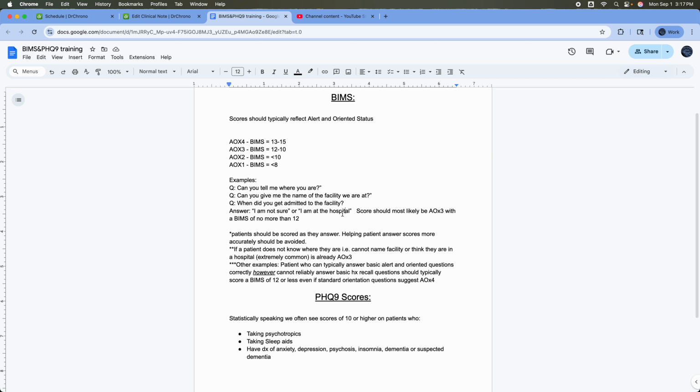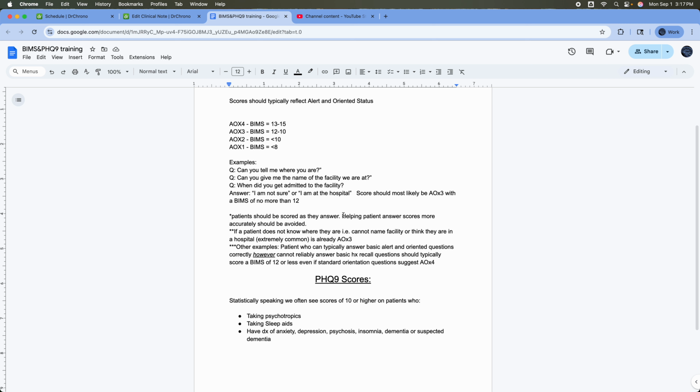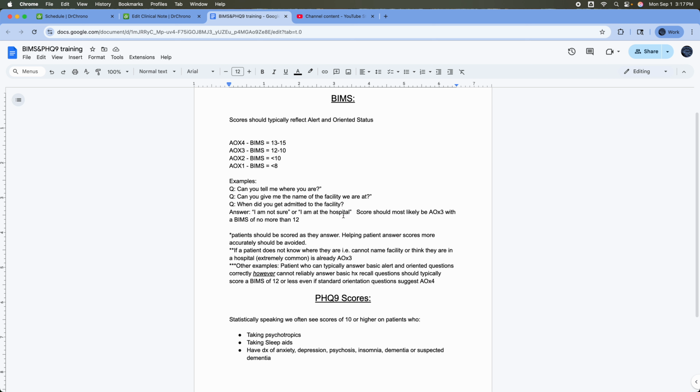So what we're seeing a lot of is a patient that really shouldn't be assessed as an A&O times 4, and really shouldn't be assessed with a BIMS score of 13 through 15. We need to be accurate and straightforward with these exams.